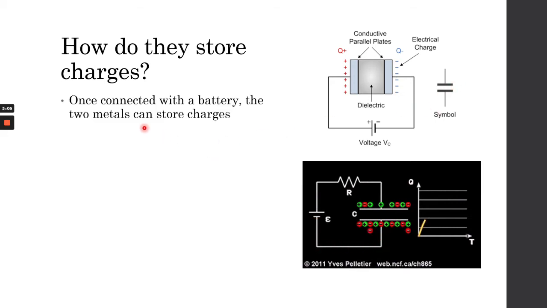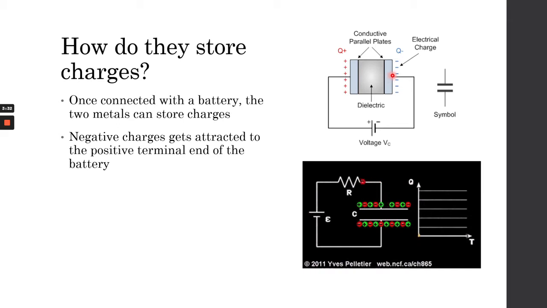So once connected with the battery, the two metals can store charges. For example, we add a voltage. Think of this voltage right here as a battery. We attach a wire from one terminal of the battery to one plate and the other terminal of the battery to the other plate. What happens is that the negative charges get attracted to the positive terminal end of the battery.